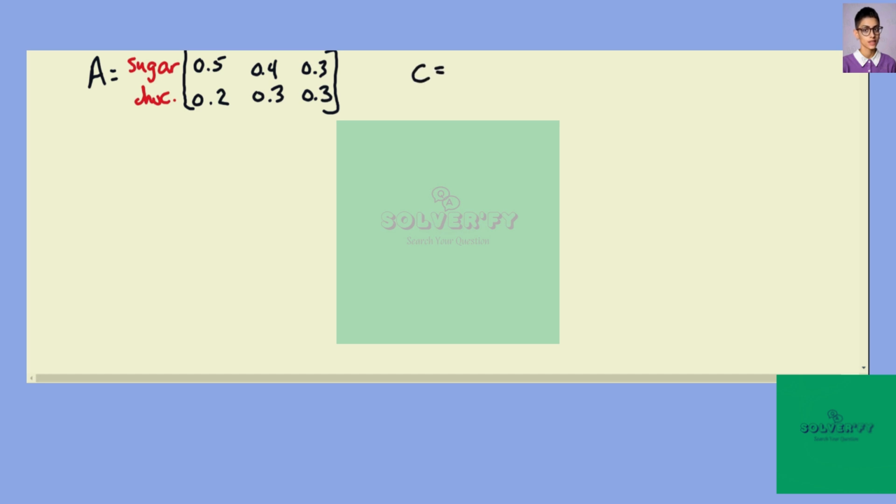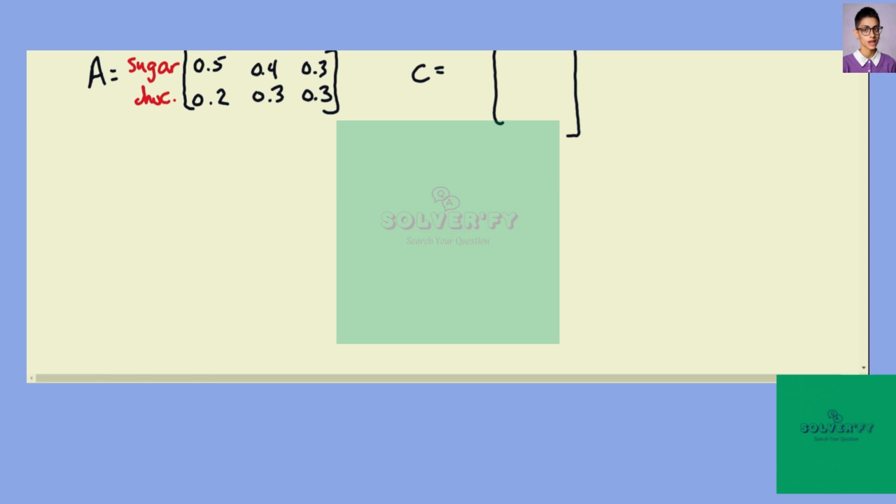And for C, we want to keep track of how much each of these supplies costs in each of the different cities. So this is going to be a 3 by 2. Across the top, those are our 2 ingredients, sugar and chocolate.